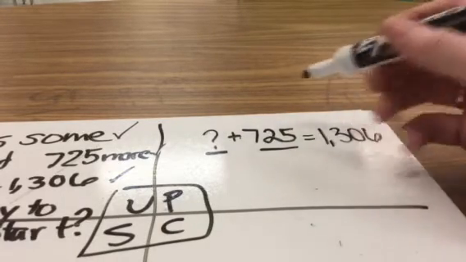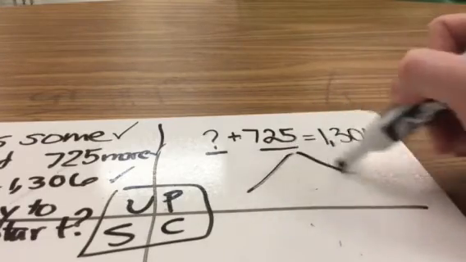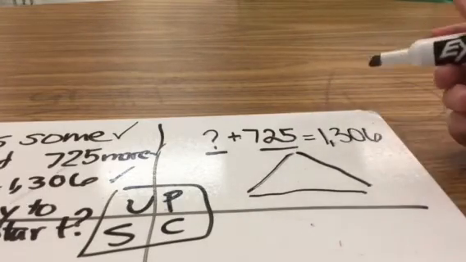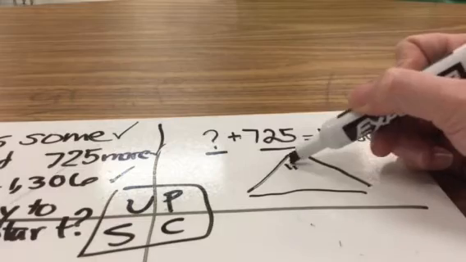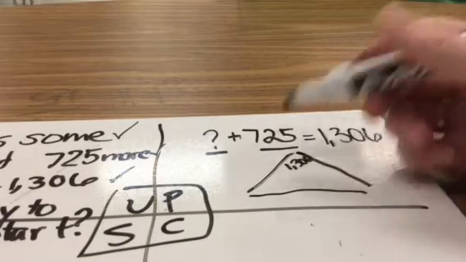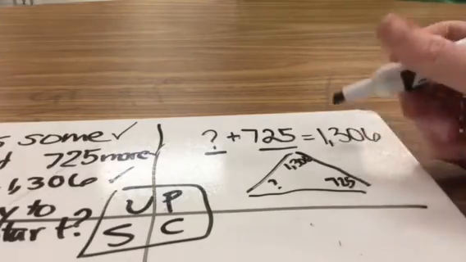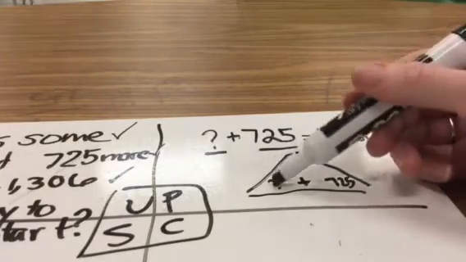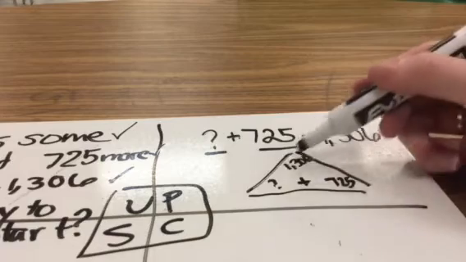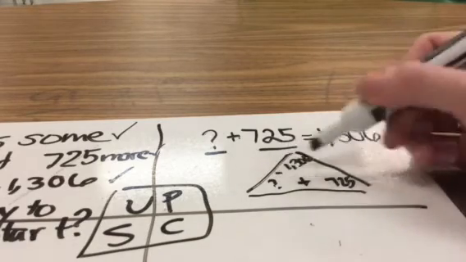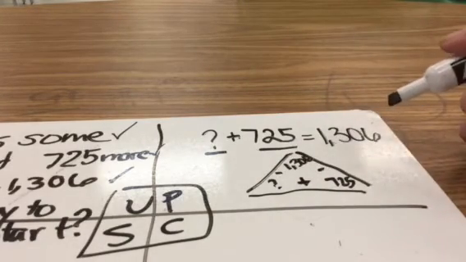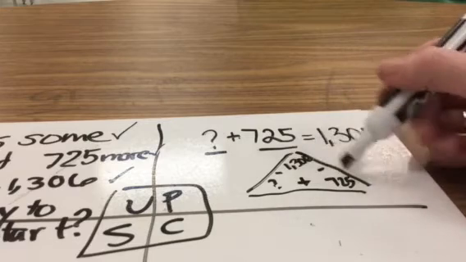Okay, and if you want, we could really do this like our multiplication division pyramid. Our total is at the top. We don't know what we have to start, and we have 725. So we know that the bottom numbers add together to make the top one. So that means that along the sides, we have subtraction.